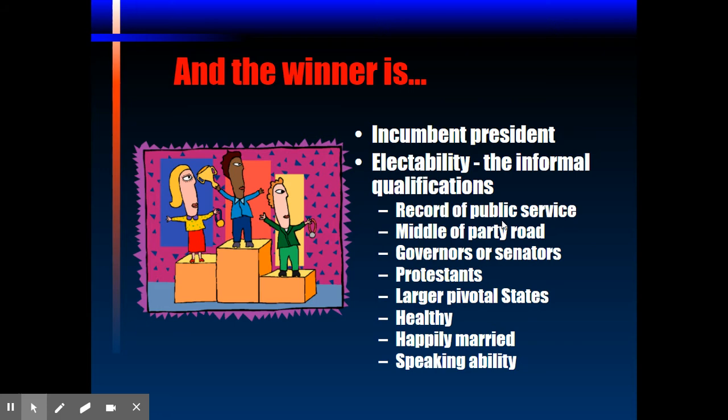So, he didn't really have that record of public service. And when I say record of public service, I mean that we can look to see what policies that person has favored in the past, that kind of thing. So there's sort of that official record of the things that they've done in public service. All right. Usually they have to be in the middle of the road as far as their ideology, not very, very conservative or very, very liberal.